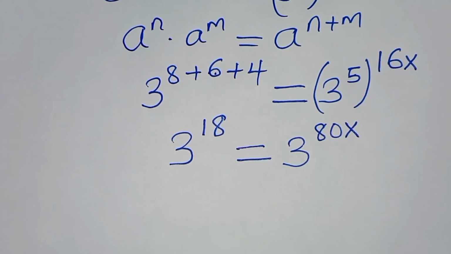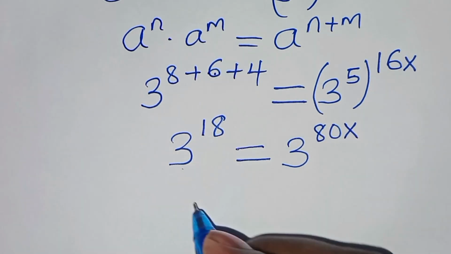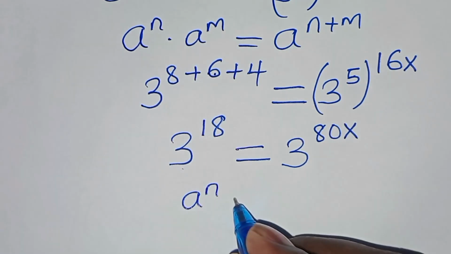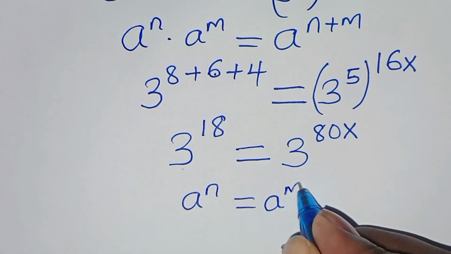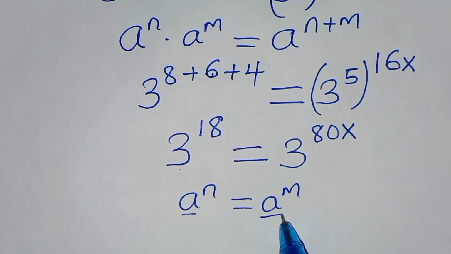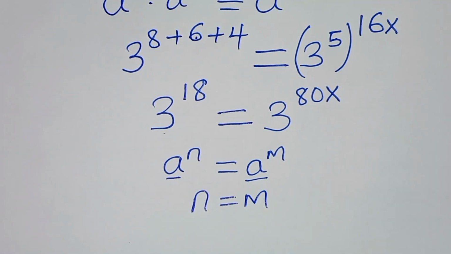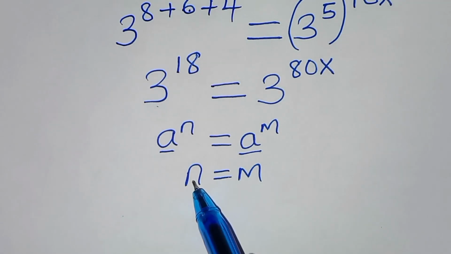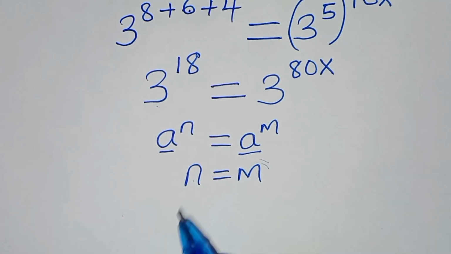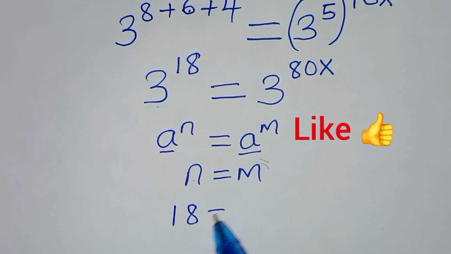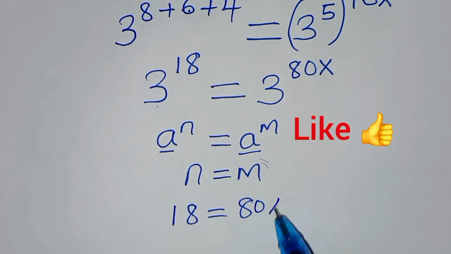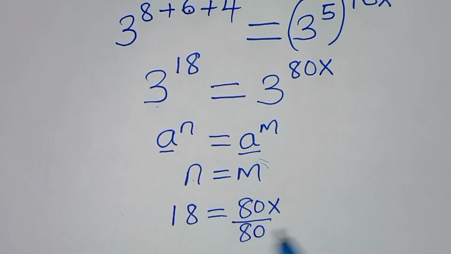Now, since the bases are common here, that is a to power n equal to a to power m, then n is equal to m. So this implies here, 18 is equal to 80x. To solve for x here, we divide by 80 and here by 80.